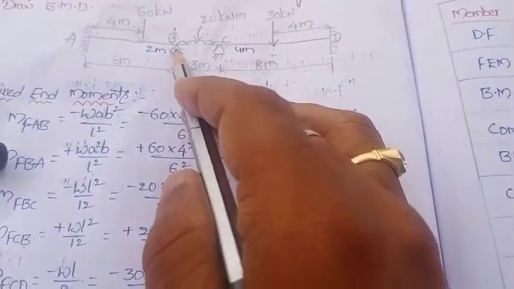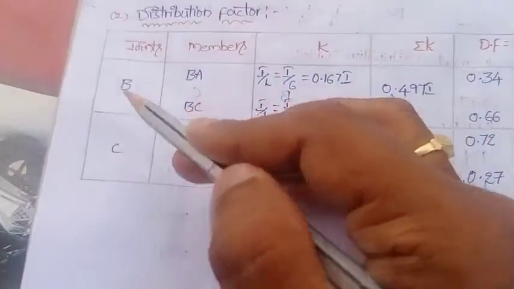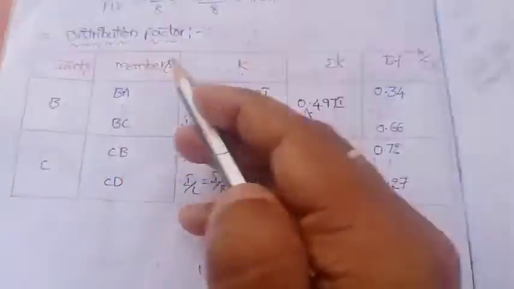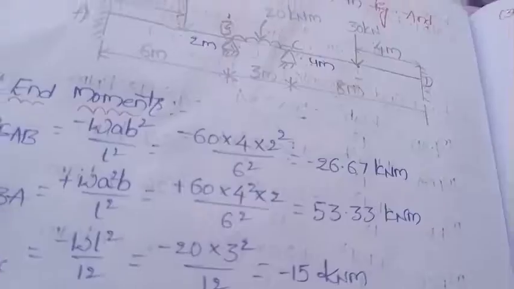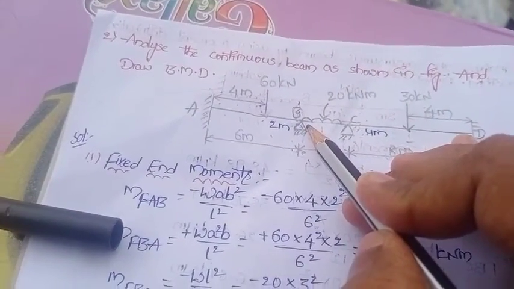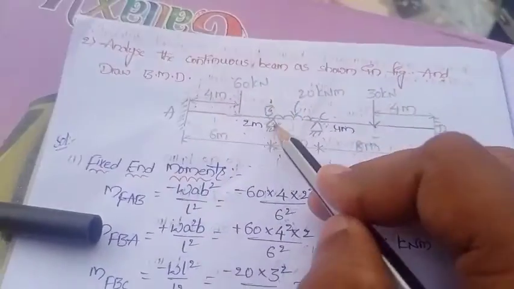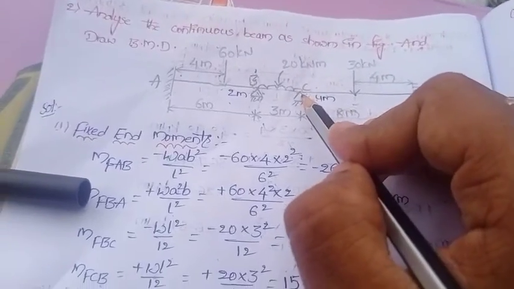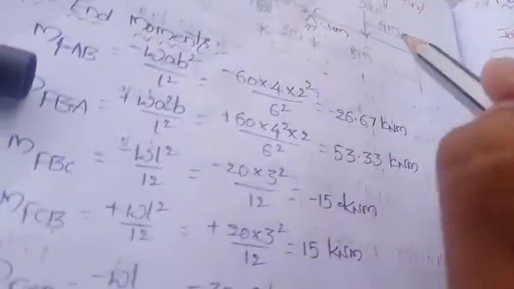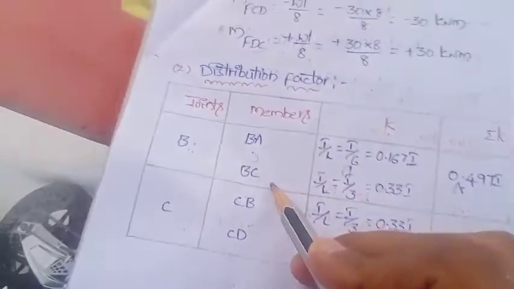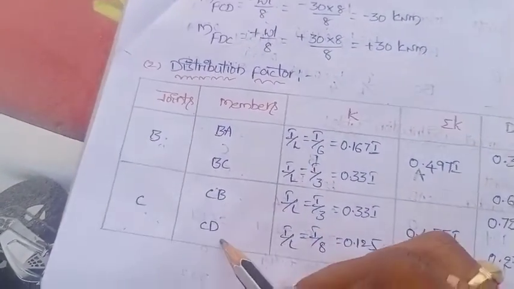So B is one joint and C is another joint. For joint B, BA is one member and BC is another member. For joint C, CB is one member and CD is another member.